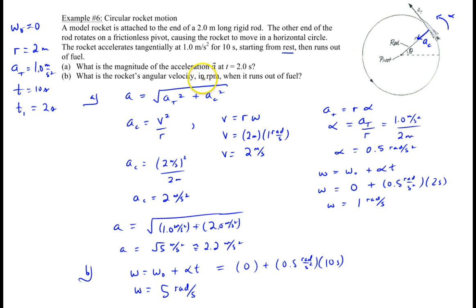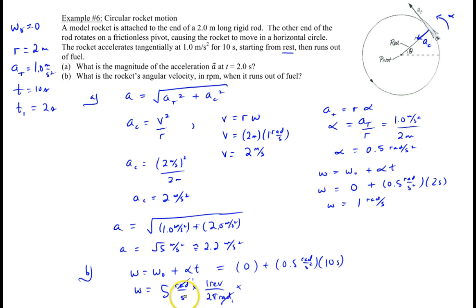However, we want the answer in revolutions per minute. Let me rewrite that as a fraction. I'll just make it more like a horizontal fraction here. So we're going to change rads to revolutions and seconds to minutes. In 1 revolution, we have 2 pi radians. So the rads will cancel out, and then we've got revolutions on top.